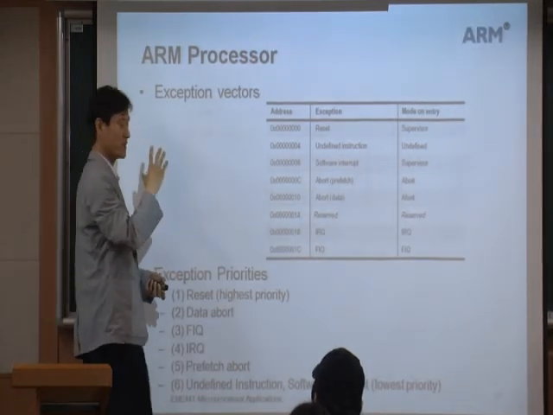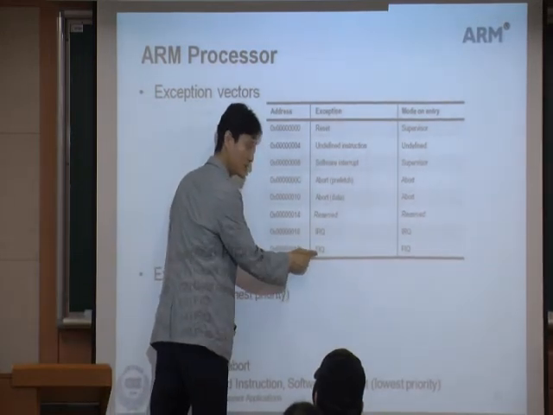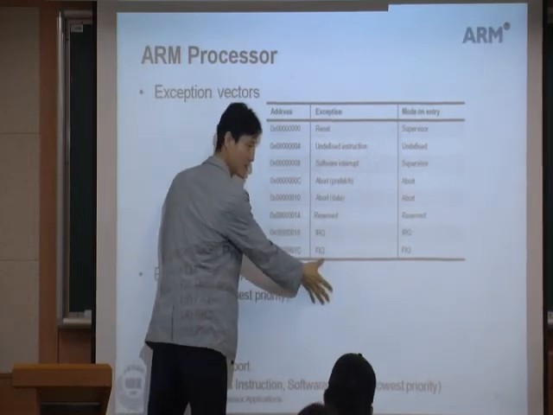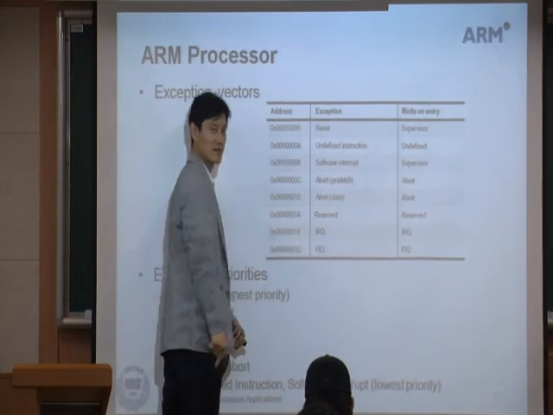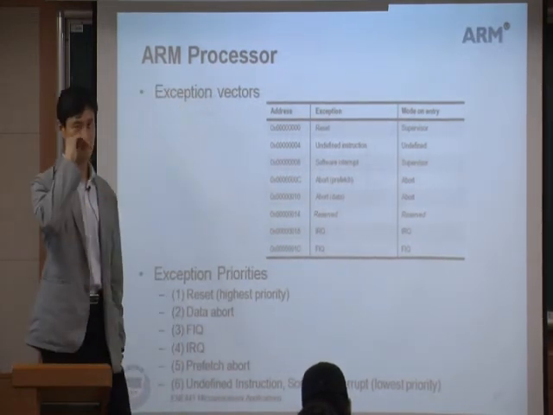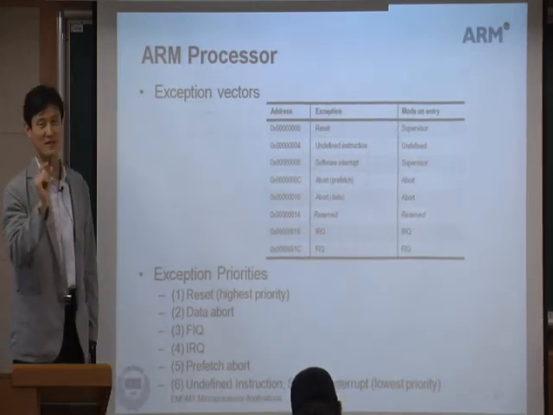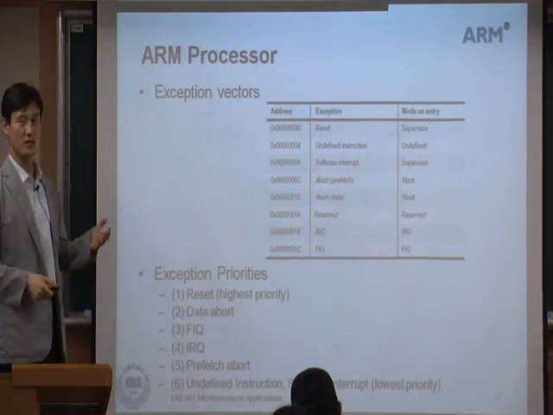Your interrupt service routine can be right here, just next to it. In that case, you don't have to jump, right? You can just go down. That's actually faster because you don't have to jump. A little bit faster, right? So that's why we call this a fast interrupt.